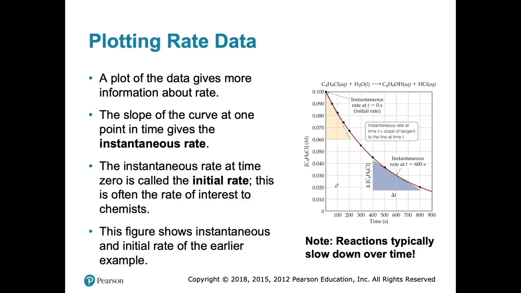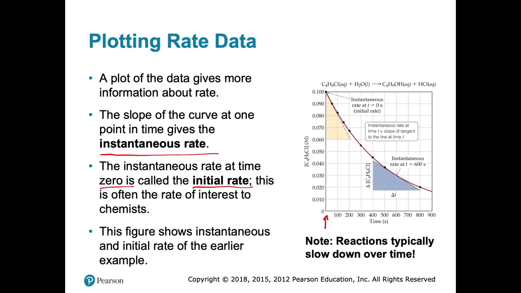Okay, so let's talk about graphing the data from the previous slide. When we graph the data, we can determine some very interesting values, one of which is called the instantaneous rate. The instantaneous rate is basically the rate of reaction at any given point in time. At time zero, we call it the initial rate, and it's special because at time zero, generally the rate is at its fastest.